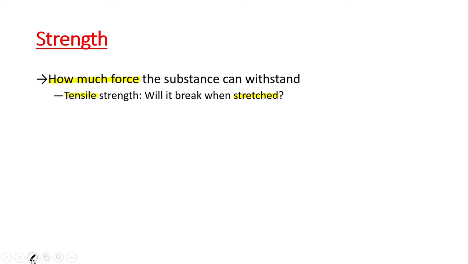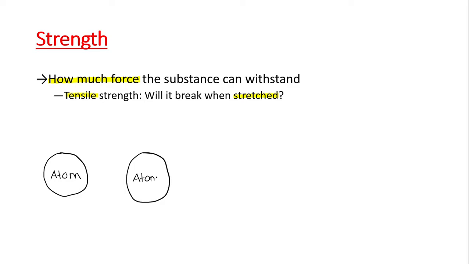Now I'm going to draw something here. Pen, and I want it to go black, okay? So I'm going to draw, this is an atom, okay? And this is another atom. So when we're talking about tensile strength, we're talking about the bond between these atoms, okay?